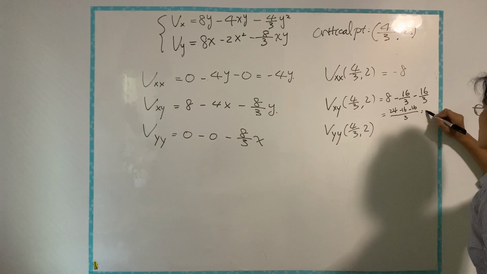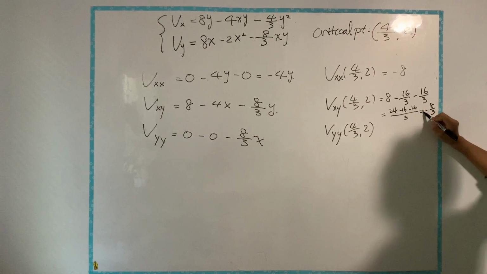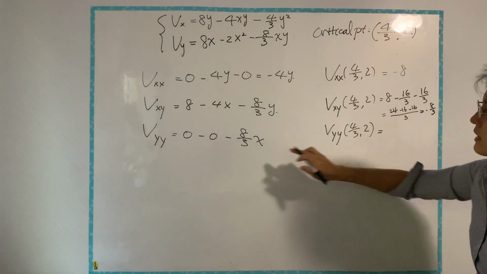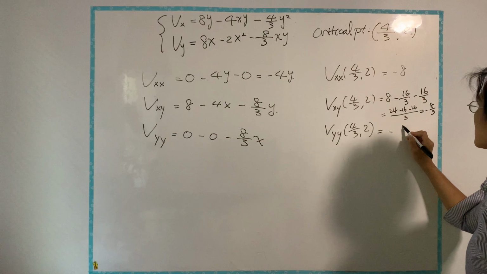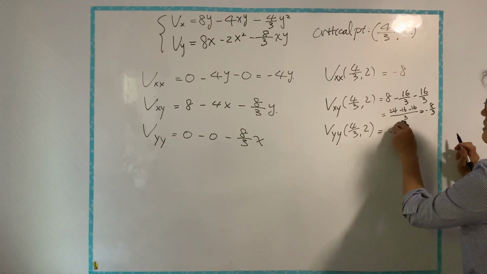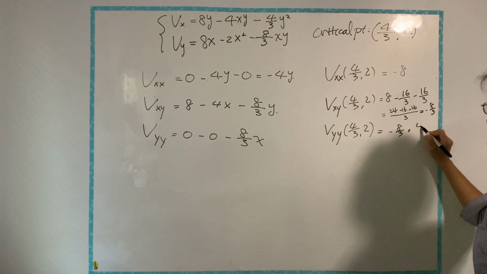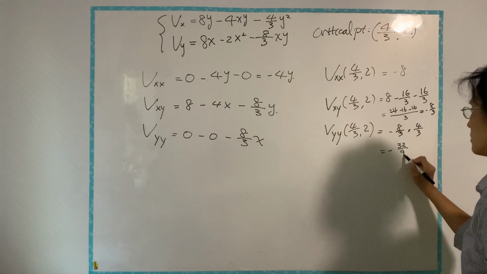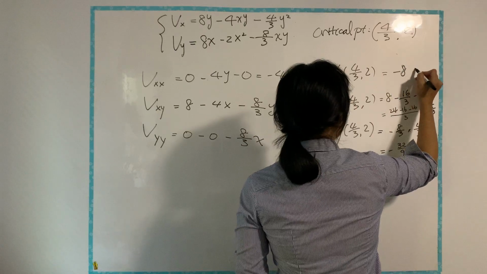So this is minus 8/3. Okay. V_yy, here I have minus 8/3 times 4/3. So this is a negative 32/9. All right, so pay attention that this guy is negative.